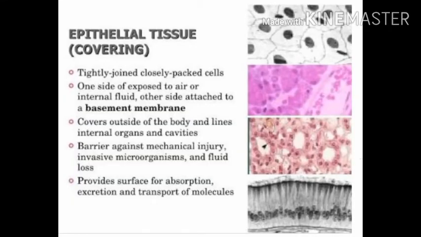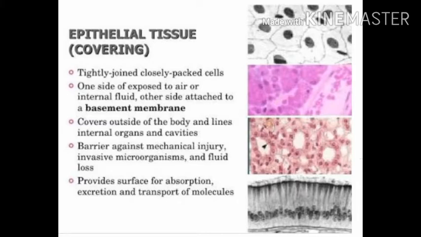The first type of animal tissue is epithelial tissue. In this type of tissue, the cells are very tightly joined, they are closely packed. Because of this, there are no intercellular spaces between the cells.